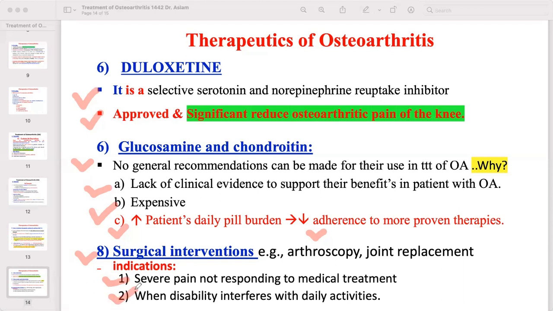Then surgical interventions are recommended.